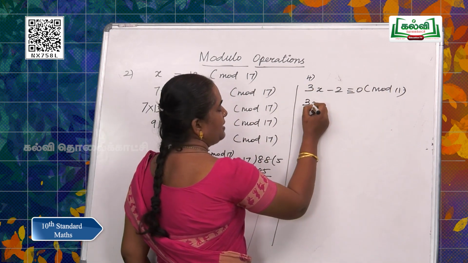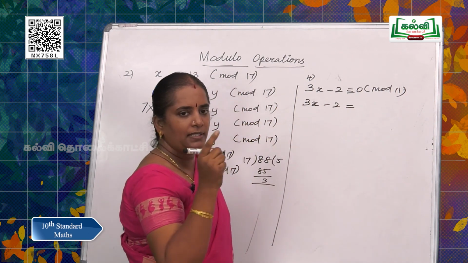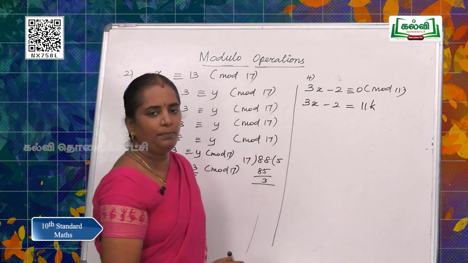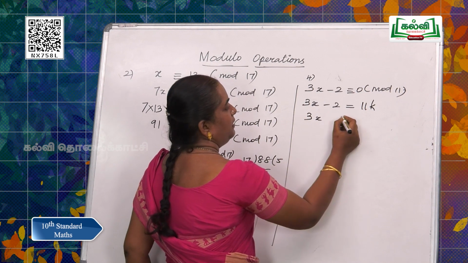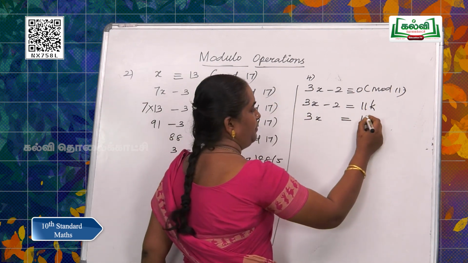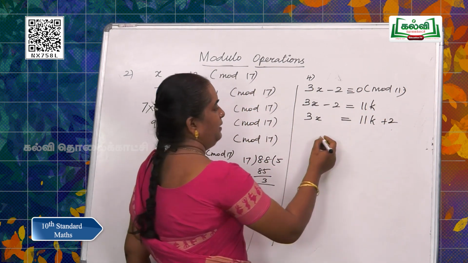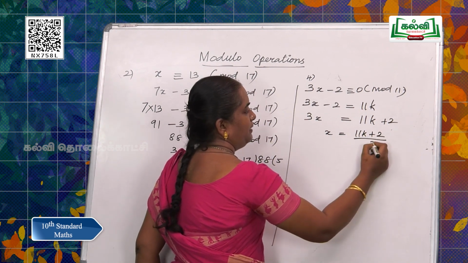So 3x minus 2 is a multiple of 11, that is 11k, where k is an integer. So 3x is equal to 11k plus 2, solving the linear equation with the same method, and x is equal to (11k plus 2) by 3.